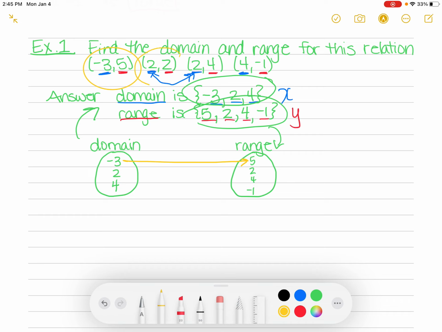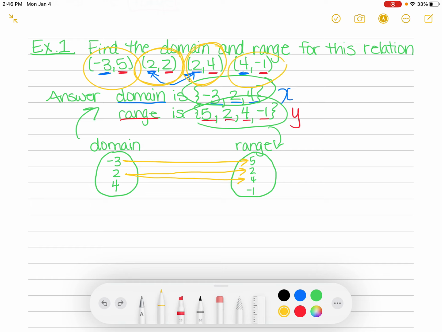Okay, my second one, 2, 2, I'm going to go 2 and put an arrow to 2. Okay, my next one is 2, 4. So I'm going to take again to that same 2, but I'm going to draw a second arrow to the 4. So you see how that 2 ended up having 2 different arrows.